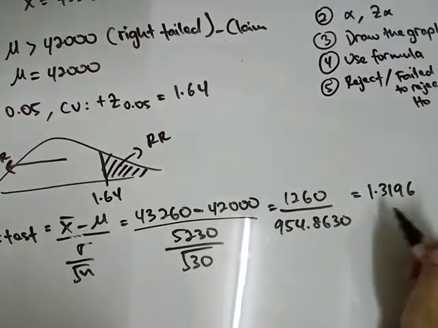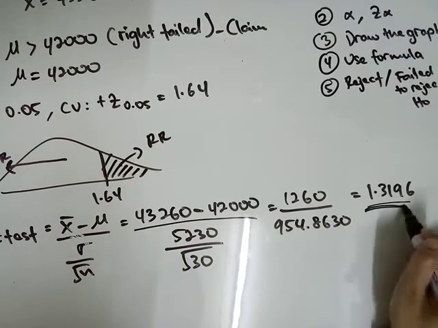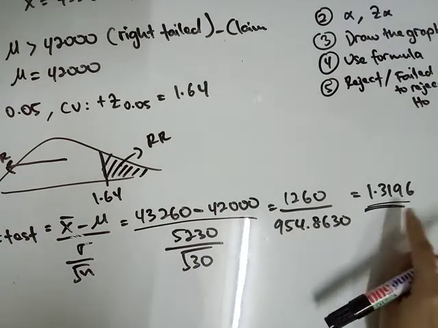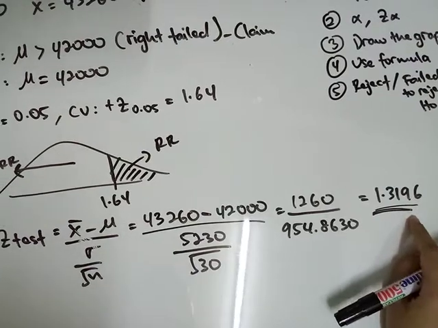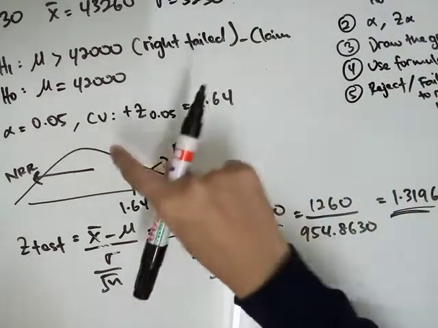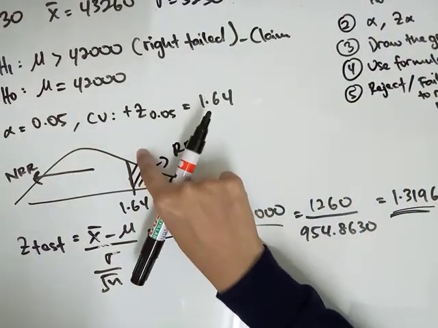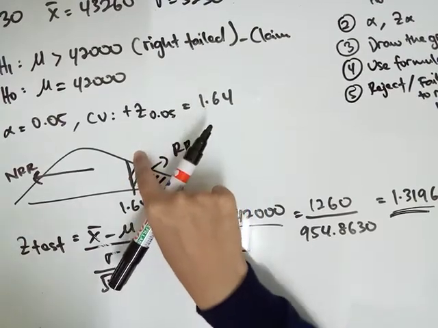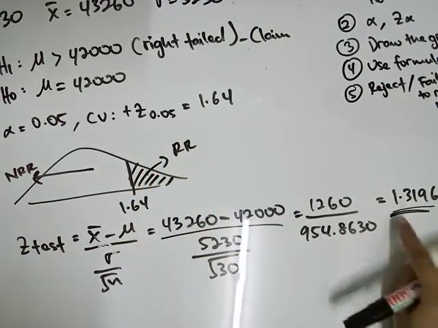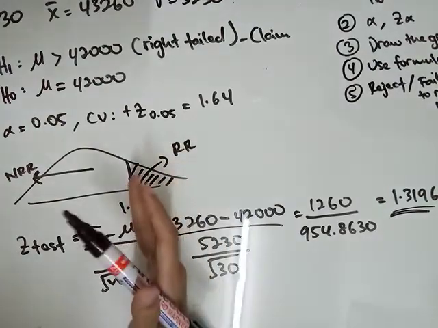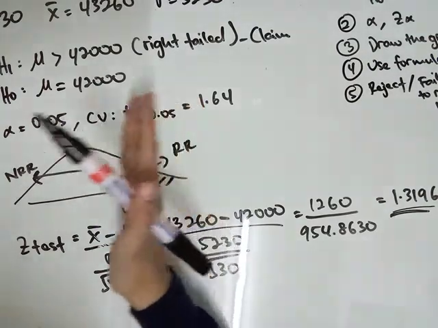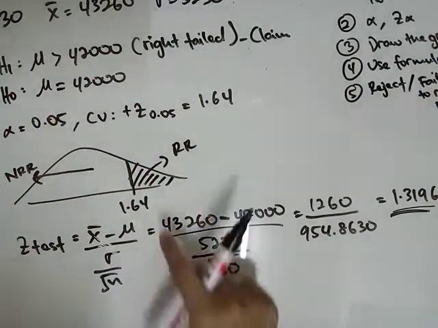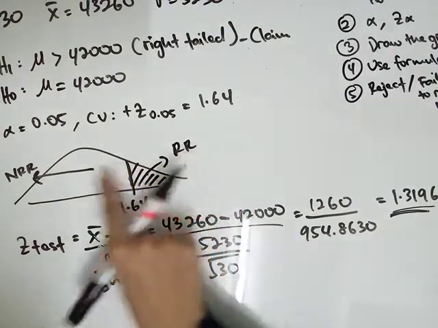So look at this value, 1.3196. Awak kena refer pada step 3. Refer pada graph step 3. Okay, 1.3196 position dia pada mana? Dalam RR ataupun NRR? Okay, position dia dalam mana? Dalam RR ataupun NRR? Macam mana nak tahu?